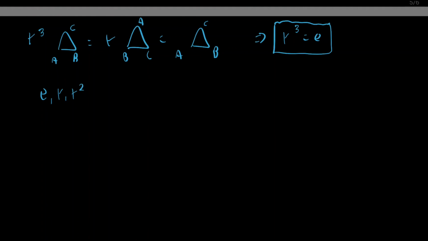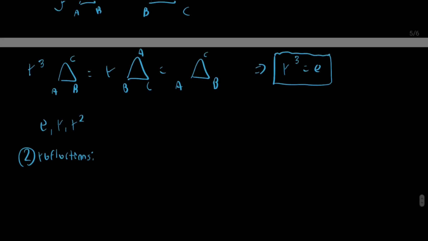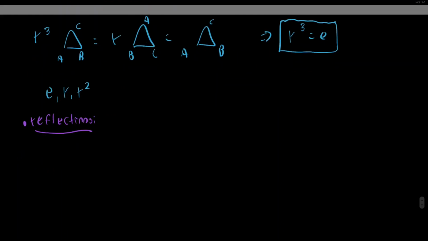We now wish to find other elements, but we have to keep in mind, of course, that there are at most 6. So once we hit 6, we know that we have all the elements. So let's now consider reflections. Well, actually, let's write it in purple. Okay, it's better like this. So now we have a triangle here. We will later generalize this discussion to whether the natural number that indicates the number of vertices is odd or even, but in this case n, which is 3, is clearly odd.